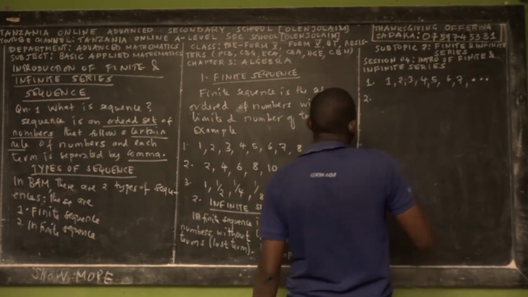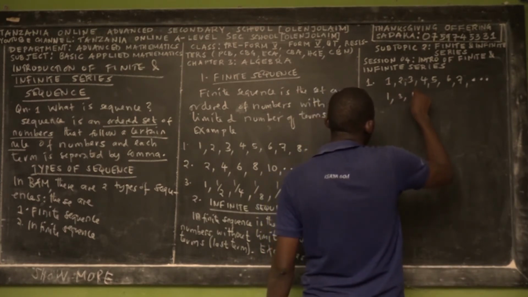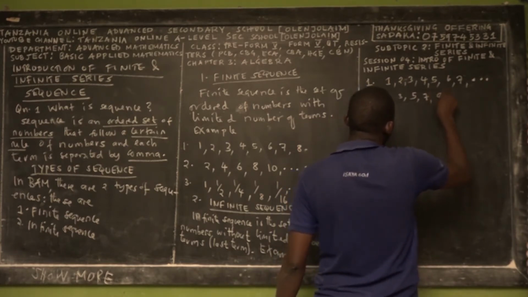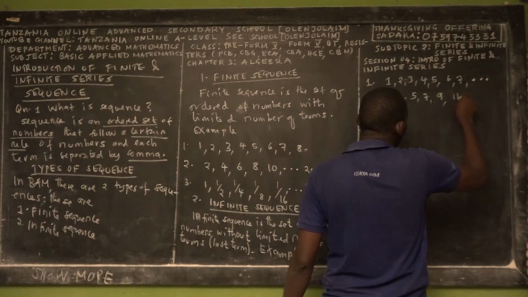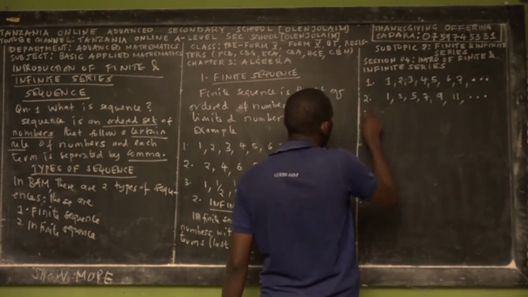Second example can be a set of odd numbers: 1, 3, 5, 7, 9, 11, then it continues without the boundary.